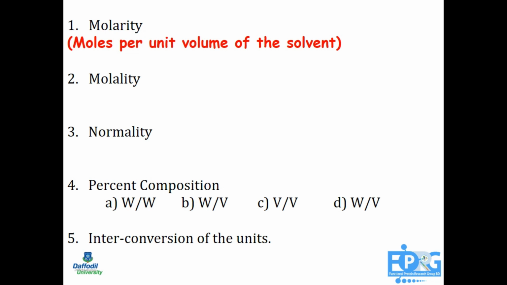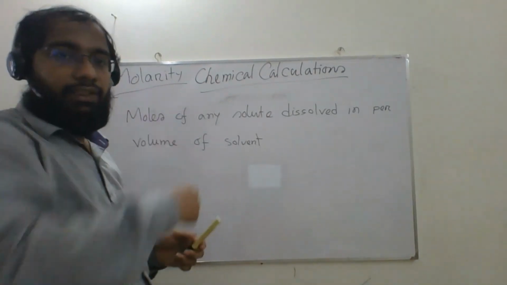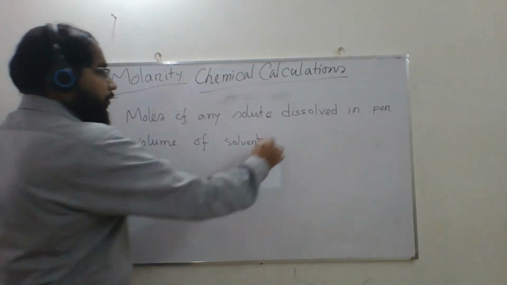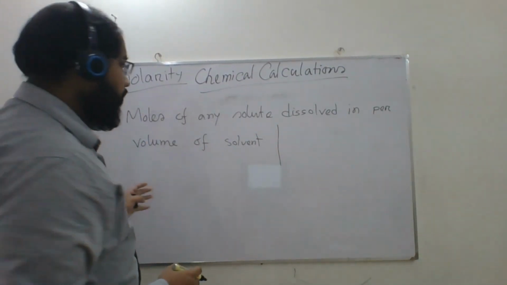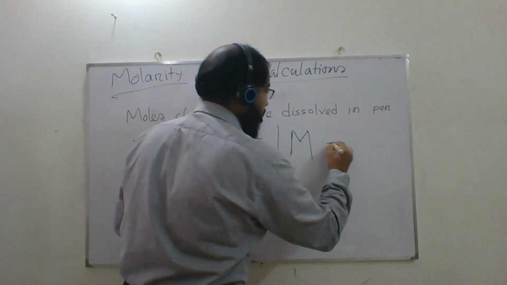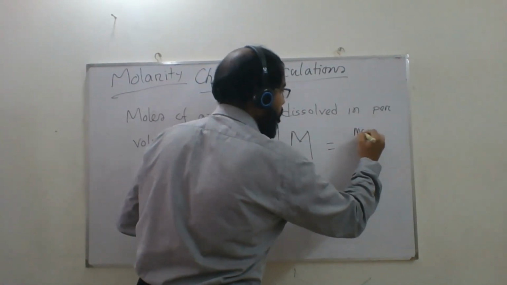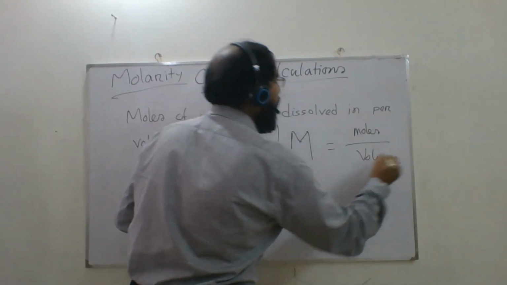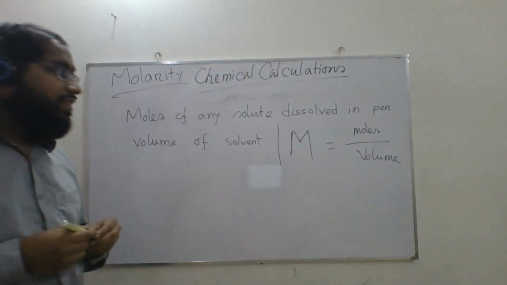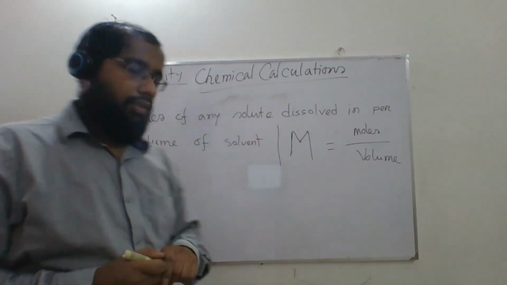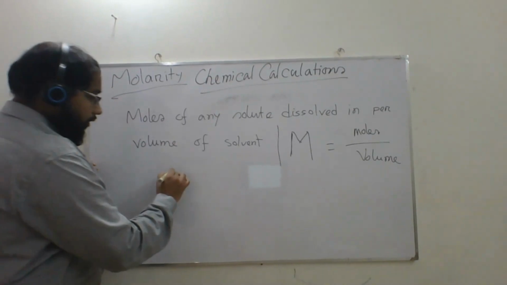I think we all know the solute and solvent. Solute is the solid substance which is dissolved, and solvent is the liquid which dissolves the solute. If we make it more concise, molarity is just moles per unit volume. In definition, we say the number of moles dissolved per liter of solvent.